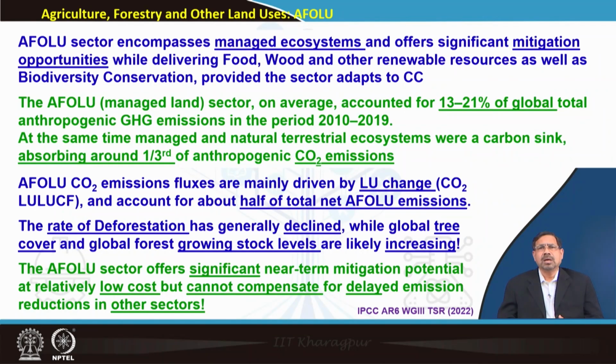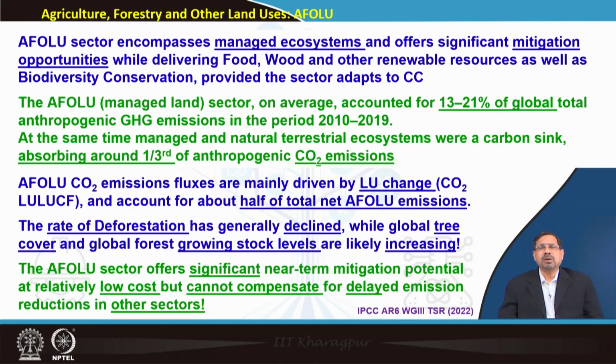This is the basic services we receive from the vegetation system. But if we manage it properly, then in addition to these basic services, we will get the services as far as carbon and climate change benefit are concerned.